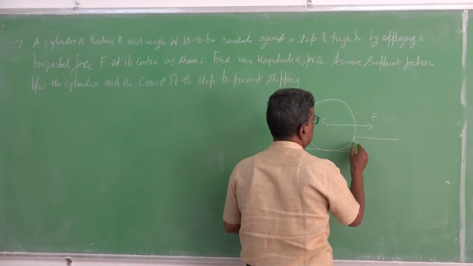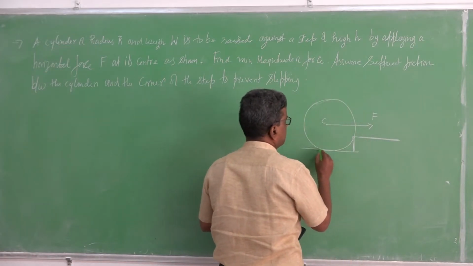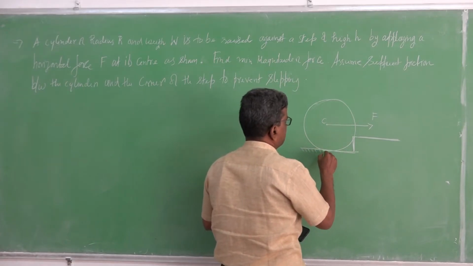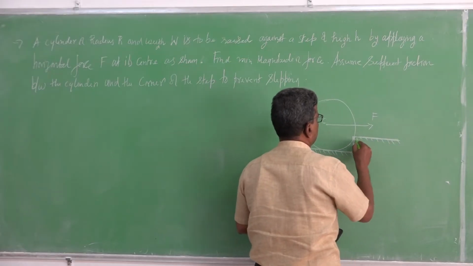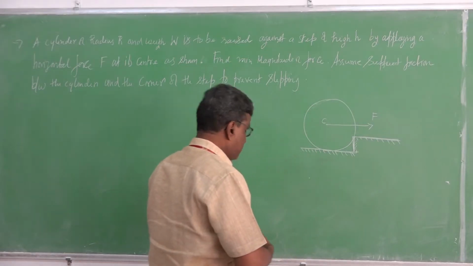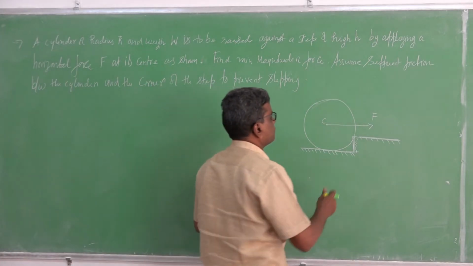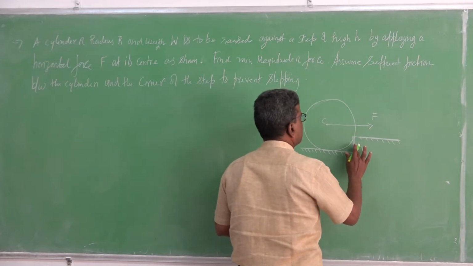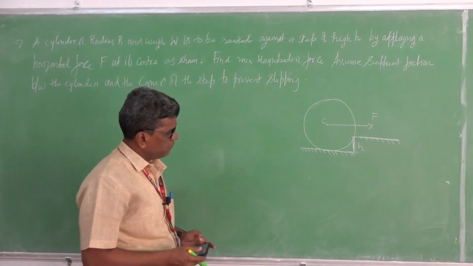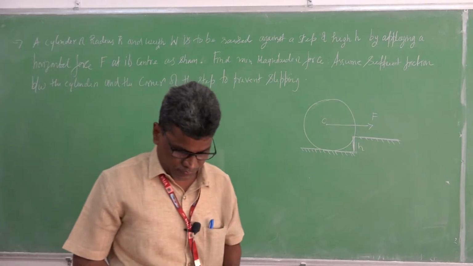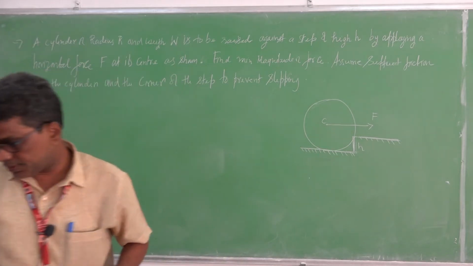This cylinder is obstructed by the step. This height of the step is h. Clear?